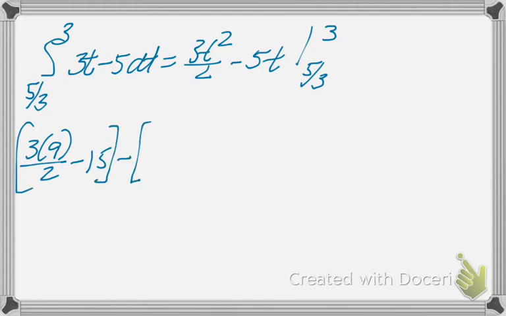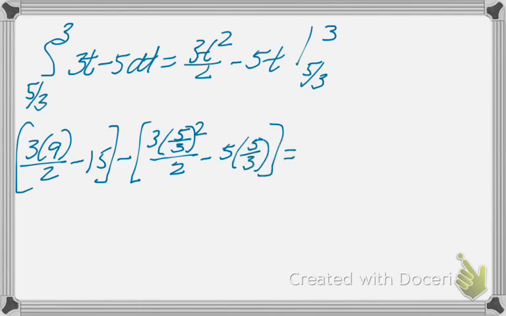And then we have to subtract what happens when we put in the 5/3. Do not use the answer from the previous screen because that was a different antiderivative. Okay, let's simplify a little bit. It's kind of messy.